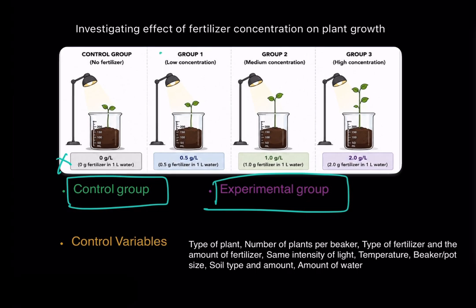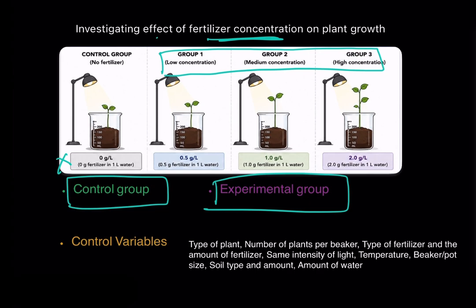The remaining 3 groups have different concentrations, because our purpose was not just to find out is fertilizer improving or increasing plant growth. If that was the case, then we would just have one with fertilizer, one without fertilizer. But our purpose of the investigation is, does fertilizer concentration have an effect on plant growth?